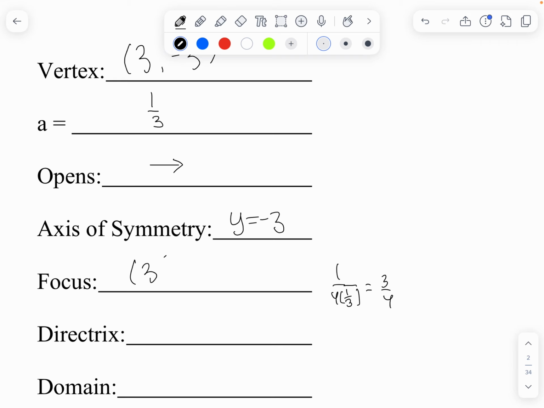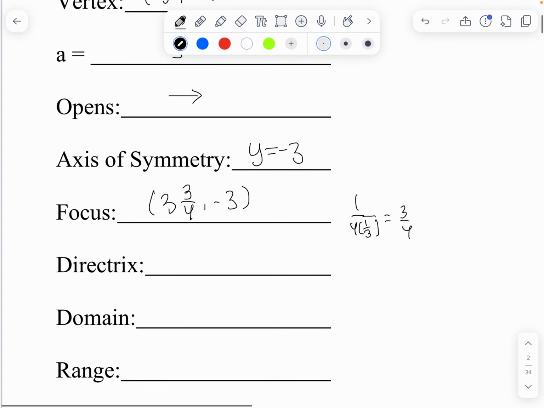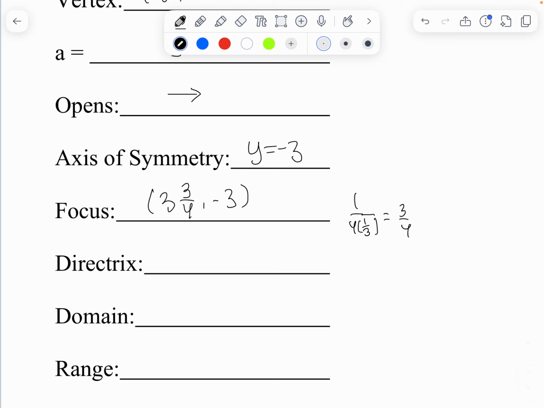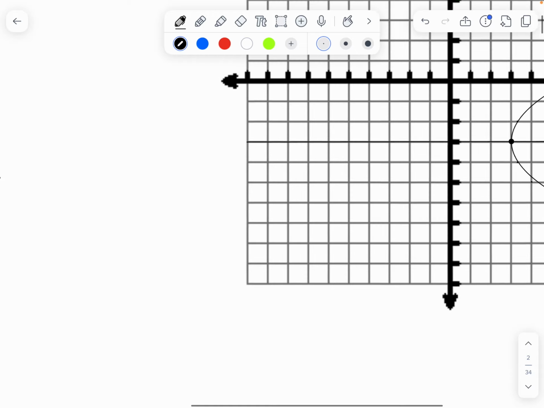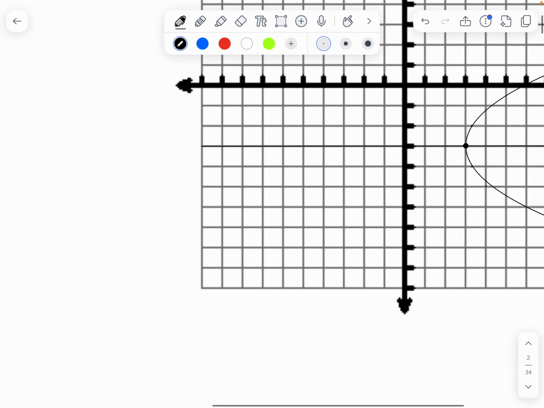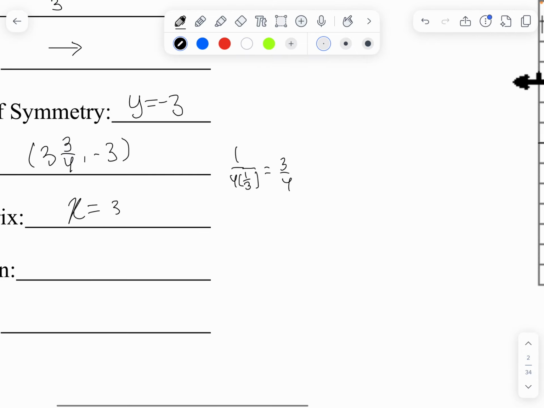So 3/4, comma, -3. And the directrix is x equals 3 minus 3/4. So what's that, 2 1/4?